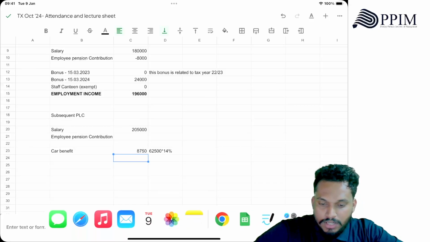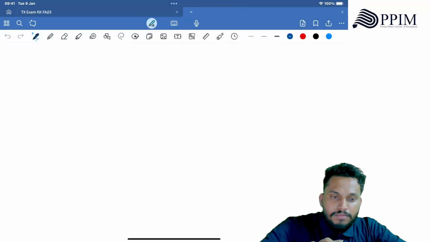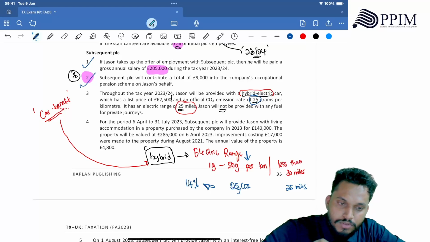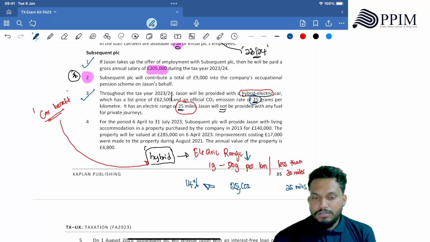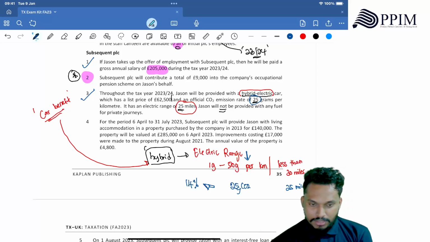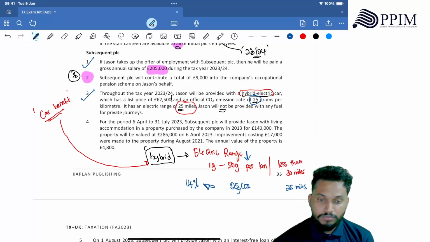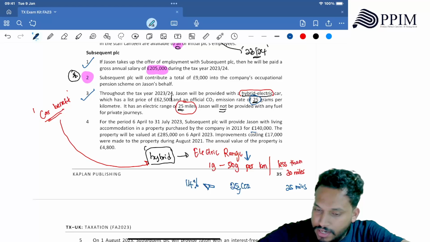Then let's see what other benefits he's receiving. So the fourth benefit he is receiving: for the period of 6th April to 30th July 2023, the company will provide Jason with a living accommodation in a property purchased by the company for £140,000.